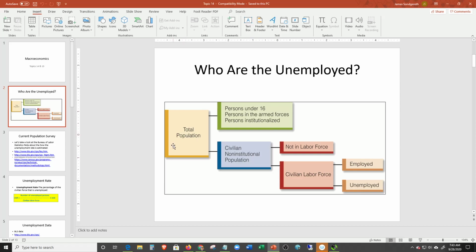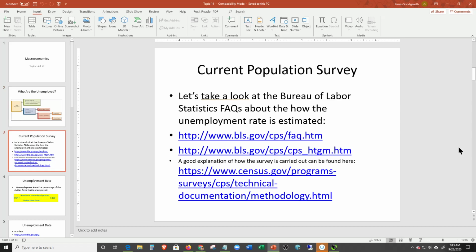So let's begin with a discussion of where this data on employment and unemployment come from, and it is the current population survey. We're going to be looking at the Bureau of Labor Statistics FAQs about how employment and unemployment are estimated.